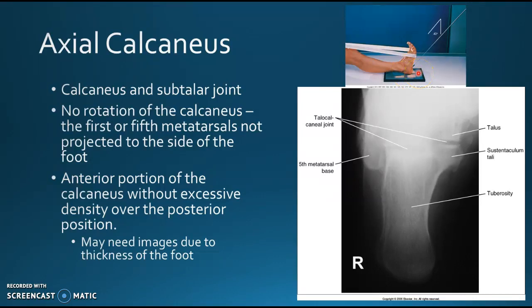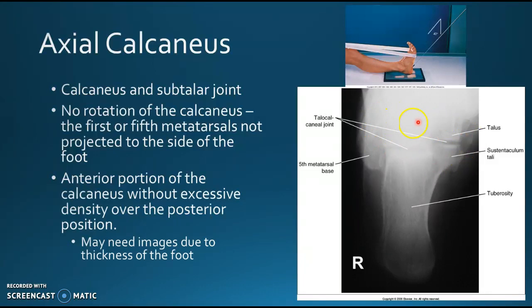There is another position for the axial calcaneus; I recommend reviewing that in your textbook. But for evaluation, regardless of whether you are doing a plantar dorsal or a dorsal plantar projection, what you want to see is the anterior portion of the calcaneus, including the talocalcaneal joint.